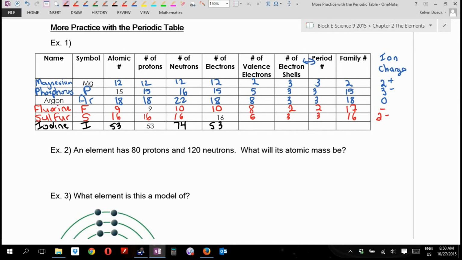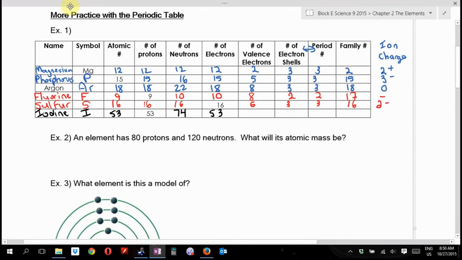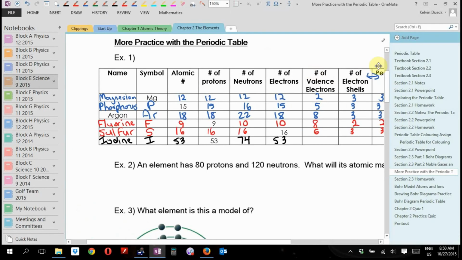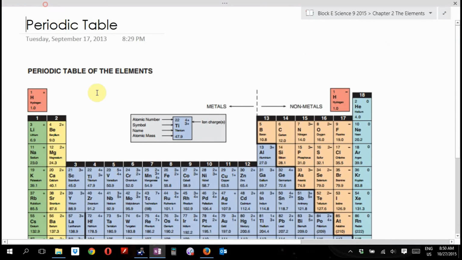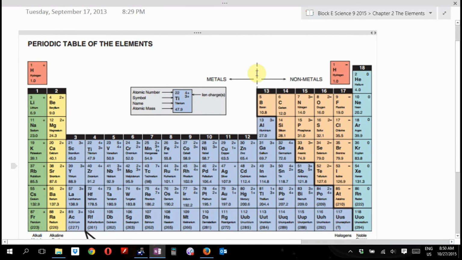How many valence electrons? Well, now that we've gone further down, we're actually not going to say that. As soon as you go past this row, let me get my periodic table out. Here, periodic table. As soon as you go past this row, I know it goes 2, then 8, then 8, then 8.